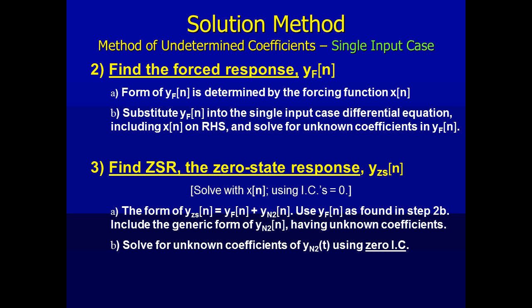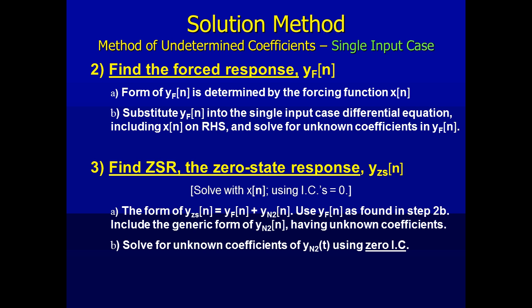So if you still understand what our end goal was, like what two parts you're looking to add together in the end? Ultimately, I want the total response, which is either all of the forced response plus all of the natural response, or all of the zero state response plus all of the zero input response. It's just two different ways to parse the problem.